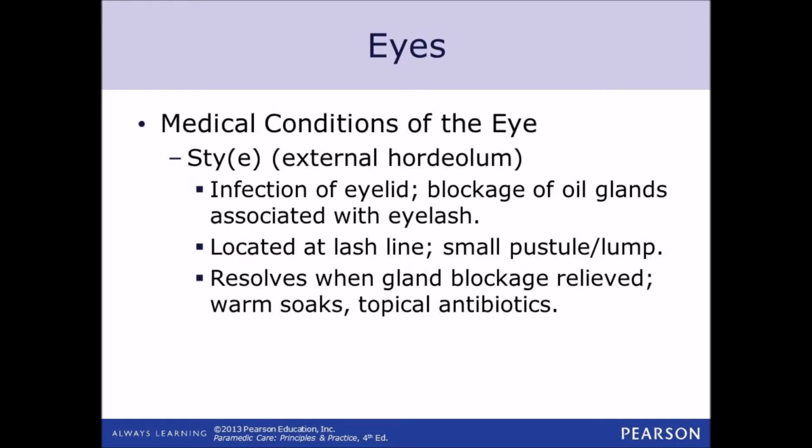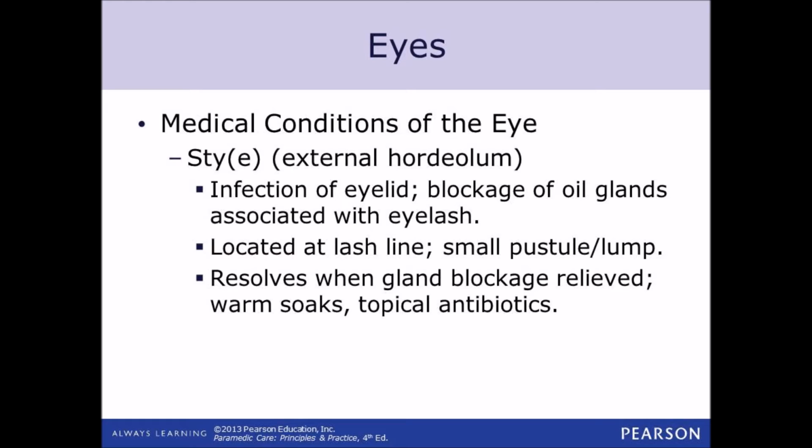There are different types of medical conditions that we're going to see with the exterior portion of the eye, as well as you can have a sty form. Basically what this is, in the eyelid the oil glands will back up and cause a blockage, and that will actually build up and form this little pustule, if you will. It's usually under the eye, can be very irritating, and can scratch or cause some irritation on the eye.